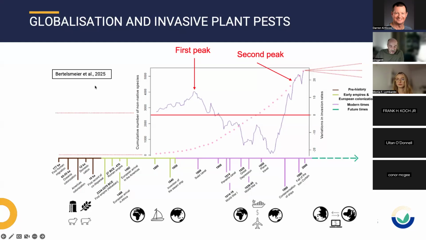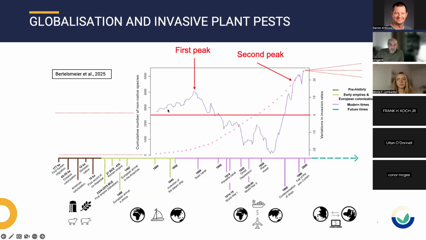This is one quite recent paper published in 2025, and there is an interesting analysis showing how, if we consider the historic time, let's say starting from the 19th century, because before that we do not have data, but starting with the 19th century up to today, this bluish purple curve that has 2 peaks represent the variation in the invasion rate.